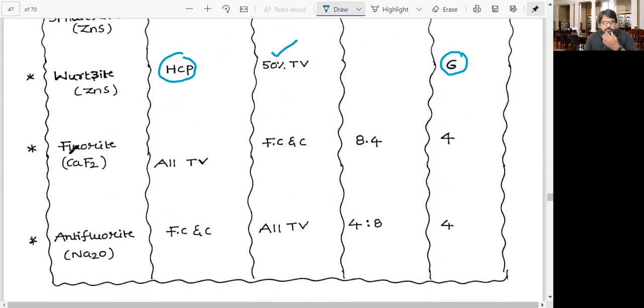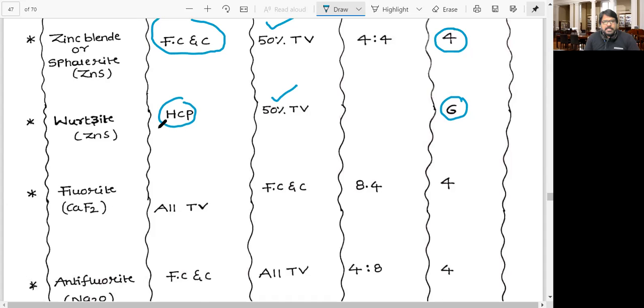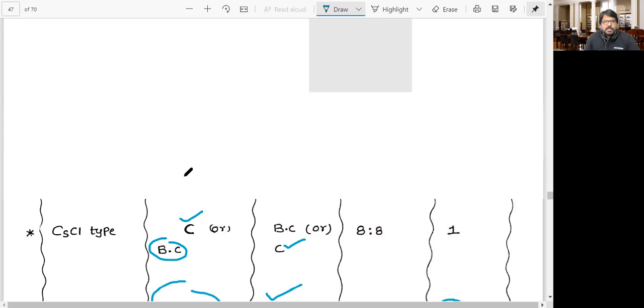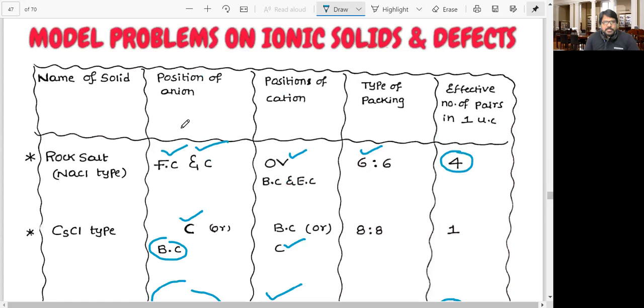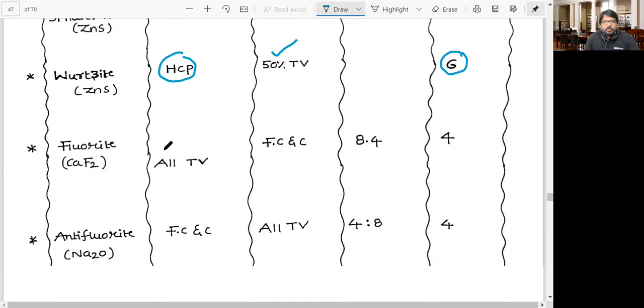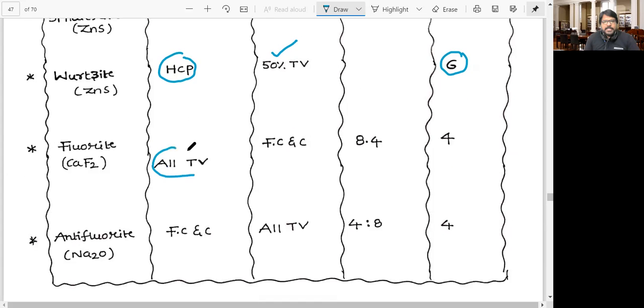The next one is calcium fluoride. In this column, this is the position of anion. Here anions occupy all tetrahedral voids, and calcium ions are forming the lattice.